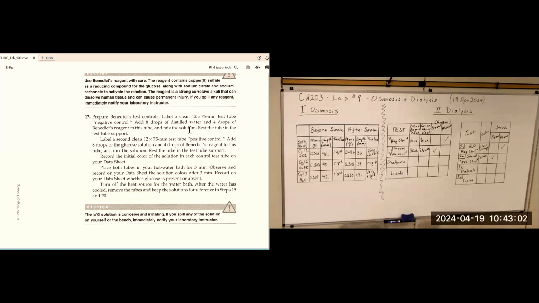Before we heat, it's still blue, right? Just sit it in there. Then we'll watch to see what happens.